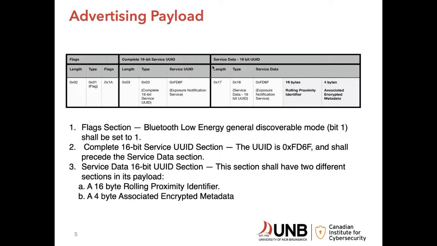And there is a byte for the transmit power level, which is the measure of the transmit power of the Bluetooth advertisement packet and is used to improve the distance approximation only. The range of this field shall be minus 127 to plus 127.